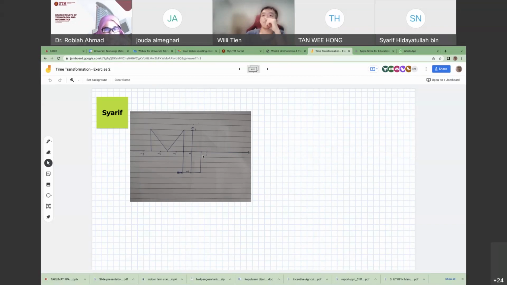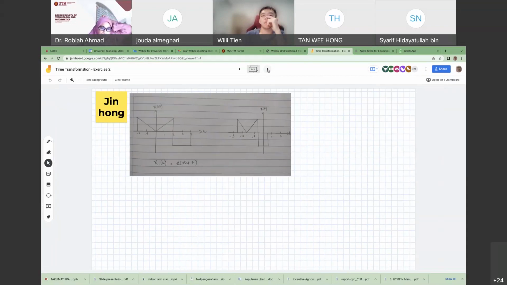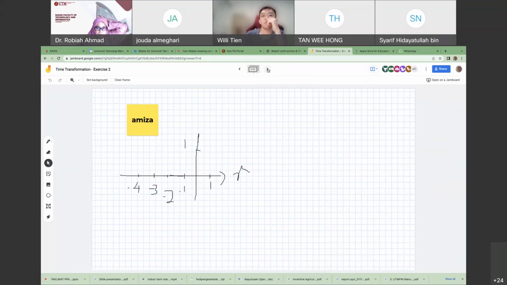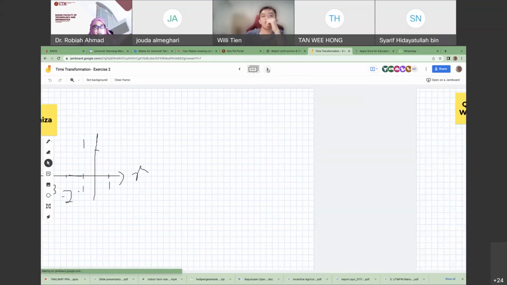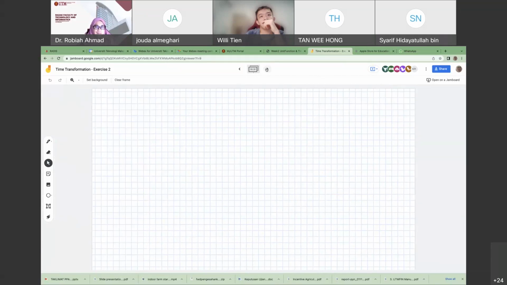So, okay, never mind, it is already written here. Okay, Syarif. Okay, most of you got it. Fatin can try again. Okay. Scaling and then shifting. Tan and Lim. Okay, their value is wrong.